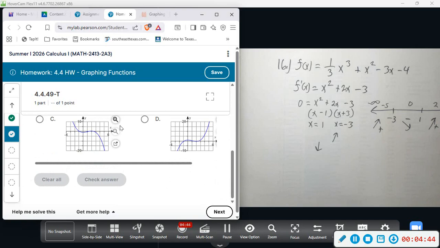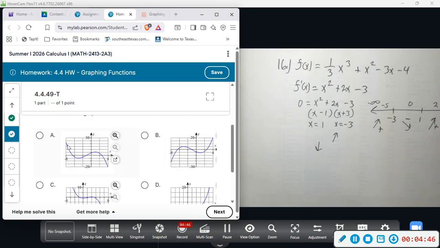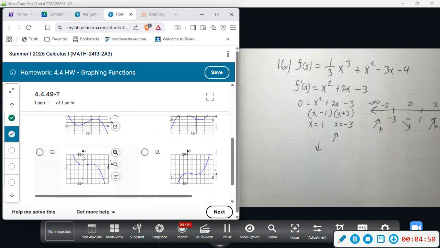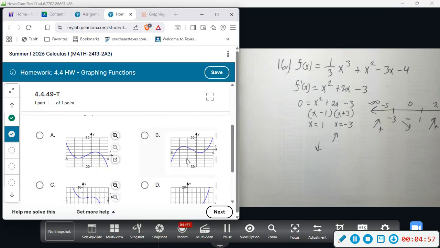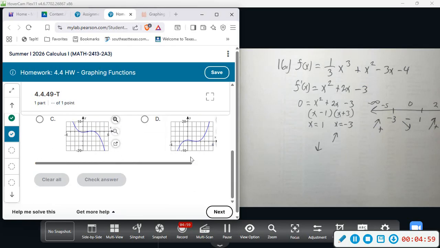So if I look at the options, this is not correct, nor is this one, so we can get rid of those just based on the direction of the graph. These two kind of match. Let's look at the high point.